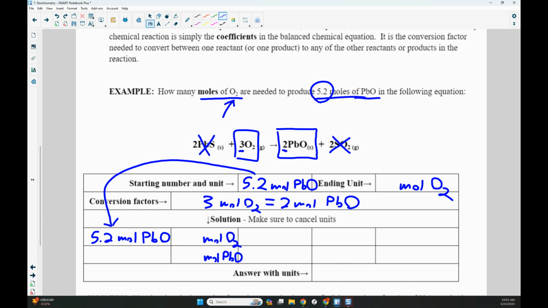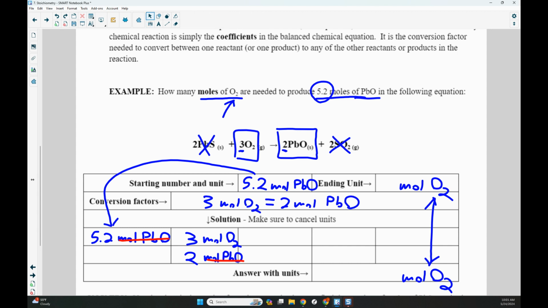And now I can plug the numbers in. So for every 2 moles of PbO, I've got 3 moles of oxygen. This enables us to cancel out moles of PbO, and it leaves us with moles of O2 in our answer, which was the objective. These should always be the same.